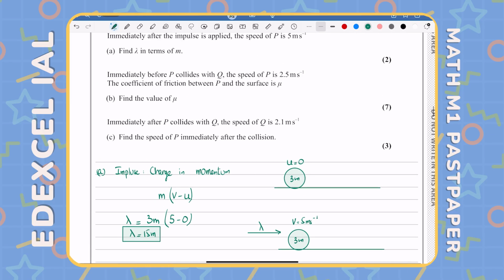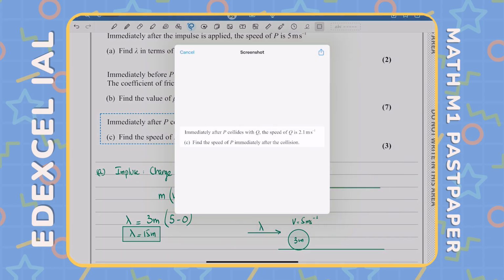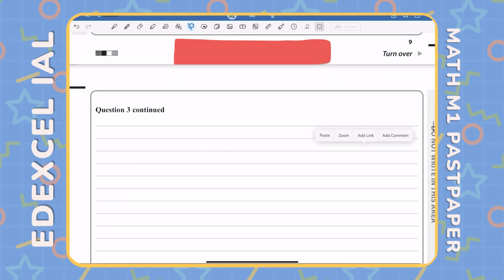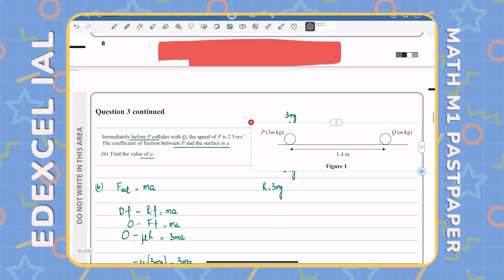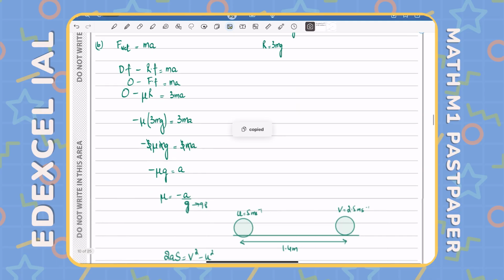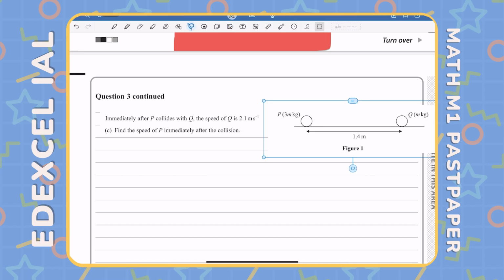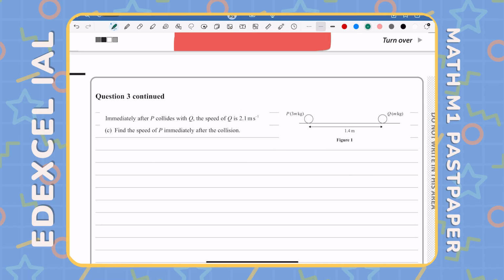There's part C also. Part C says, immediately after P collides with Q, the speed of Q is 2.1 meters per second. Find the speed of P immediately after the collision. Now one very important thing to observe over here is that we're not told anything about the direction, meaning we're not told the direction in which P will move after the collision. It's possible that after collision it's moving towards the right.